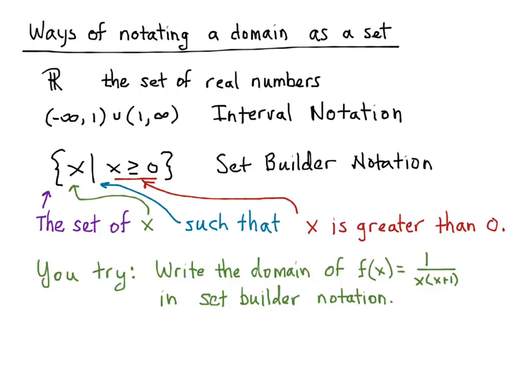So it's not just x, it's going to be x plus 1 cannot equal 0. And so what that means is that x cannot equal -1. And so we'll make this a list like this.